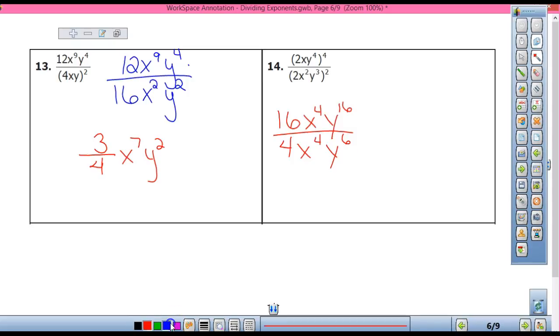So far, so good. And then if we simplify it, what happens to my x's? Those cancel. So we should have 4y to the 10th as my final answer. So far, so good?